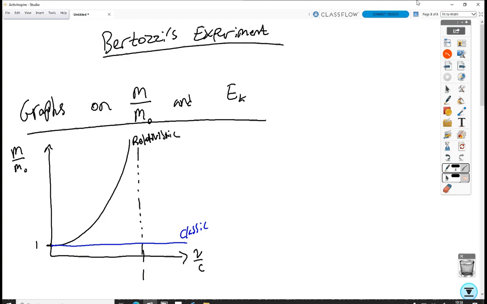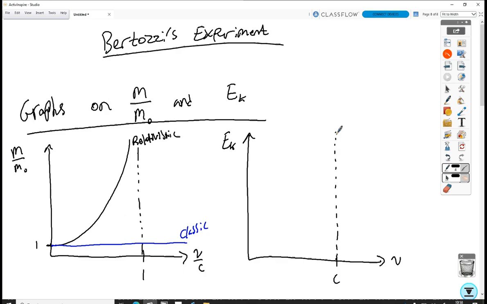Then for kinetic energy, we put EK, and we put velocity here, and we'll label here as speed of light. The relativistic approach gives us a function that's asymptotic again, which means that we can never reach the speed of light because it will take infinite energy.